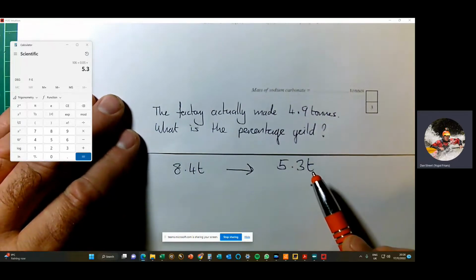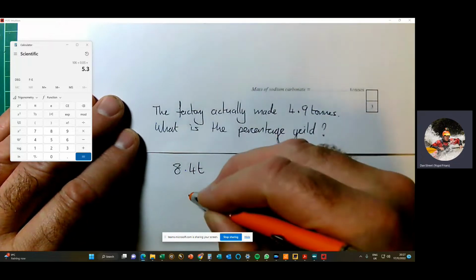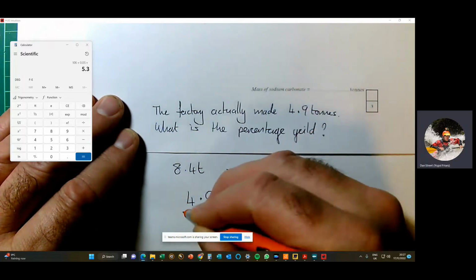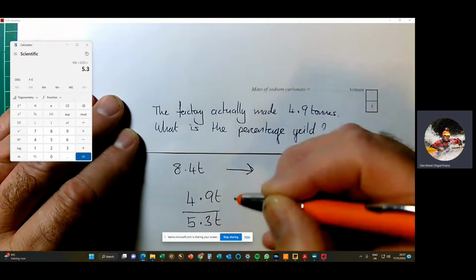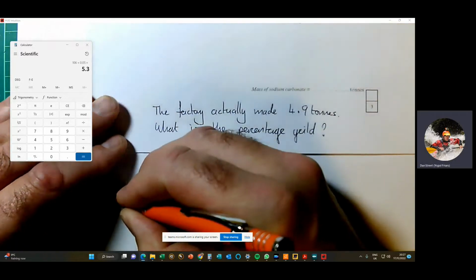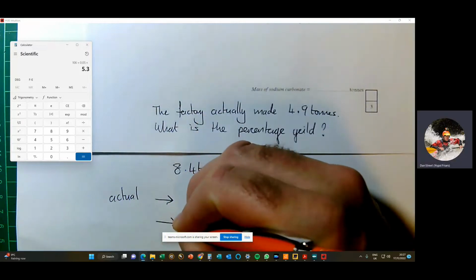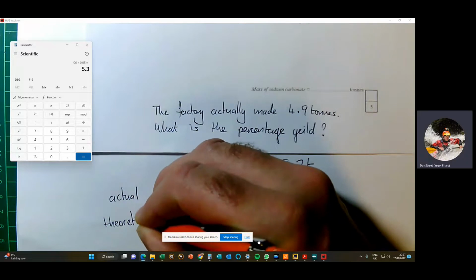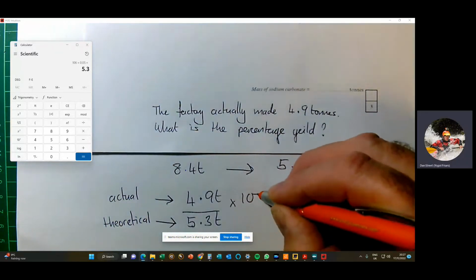That's how much should be made, but we only actually make 4.9 tons. So the percentage yield is 4.9 tons divided by 5.3 tons, because this is the actual and this is the theoretical. That's what you should make in an ideal world. And then we multiply that by 100.